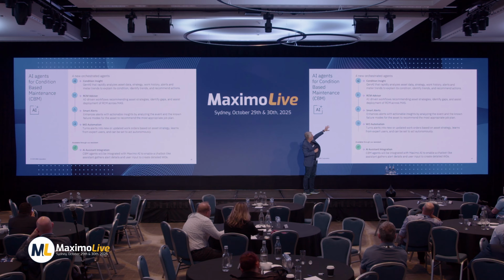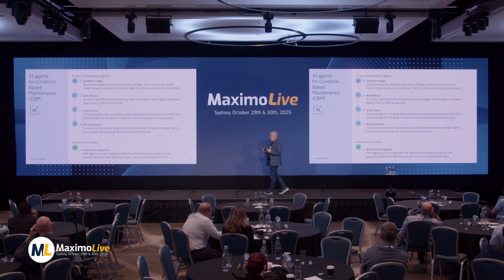I want to figure out what is the right action to take based upon that condition and get some help from the system as to what that is. I also might have smart alerts in there, which is an agent that's just constantly running, okay? And when a certain condition is met, I bring that forward so I can take action on it.